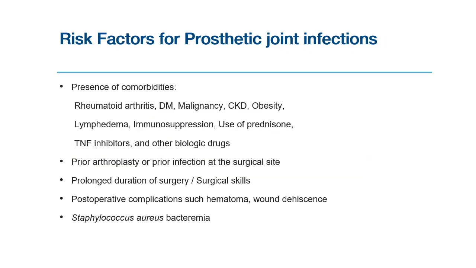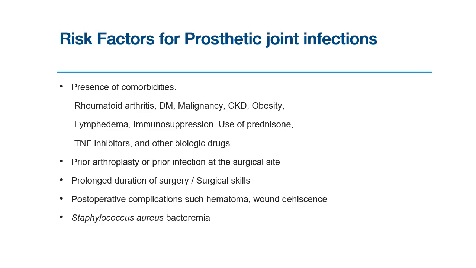The risk factors for prosthetic joint infections increase in the presence of comorbidities like rheumatoid arthritis, diabetes mellitus, malignancy, CKD, obesity, lymphedema, immunosuppression, use of prednisone or tumor necrosis factor inhibitors and other biological drugs.